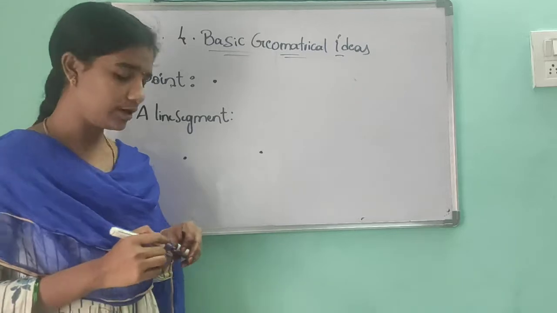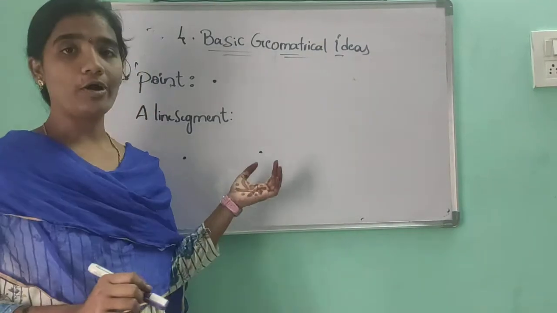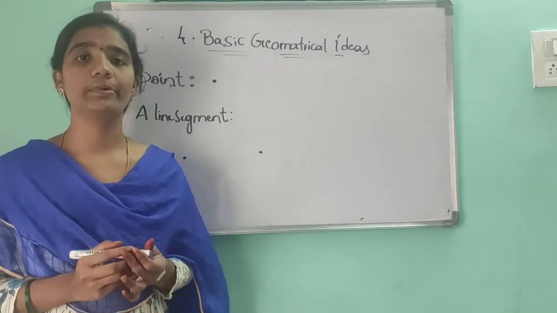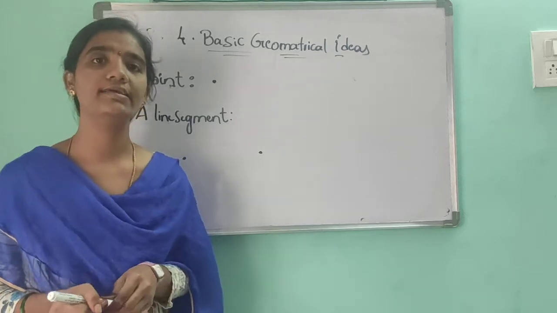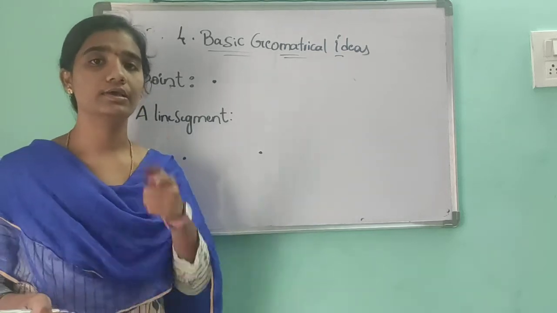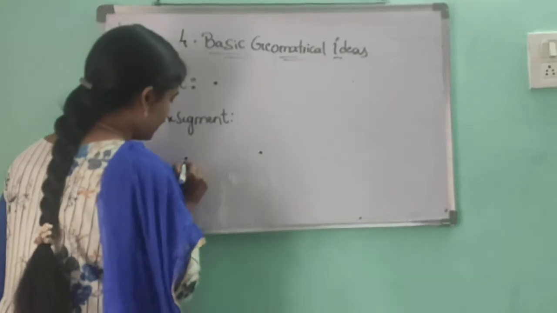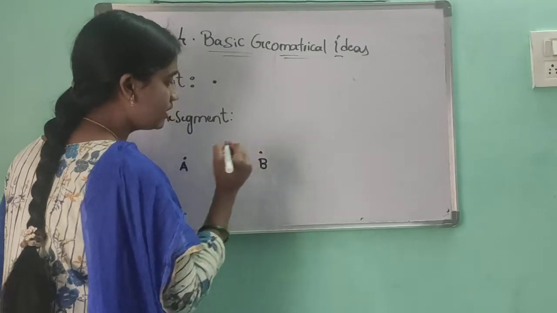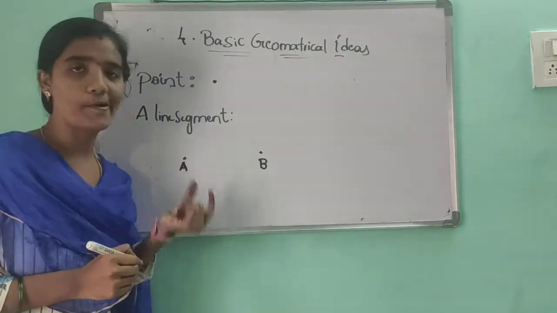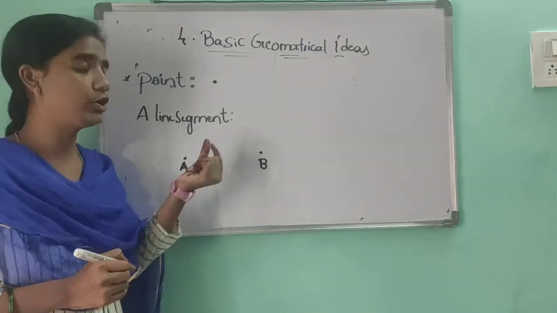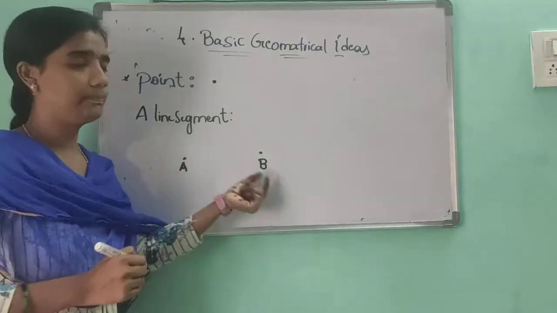We all know a point is denoted by a capital letter. So this is A, and this is B. Here I have 2 points, which can be denoted by the capital letters A and B.